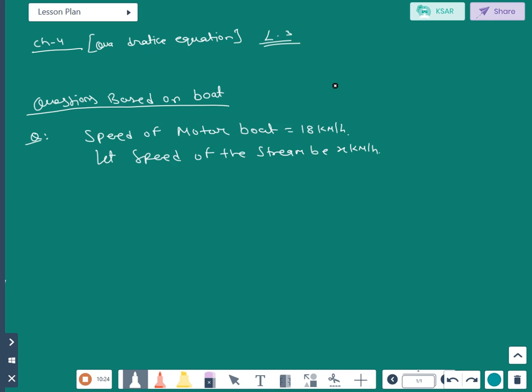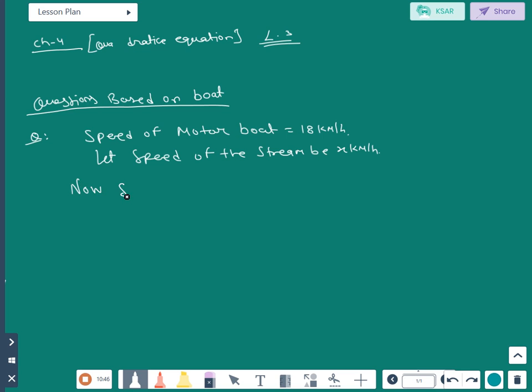So first of all, students, tell me: is the speed of the motorboat greater or the speed of the stream? Motorboat. Because if the speed of the stream is greater, then the motorboat will sink.